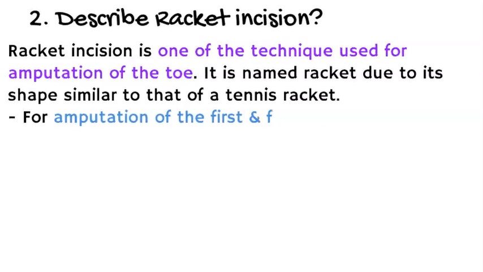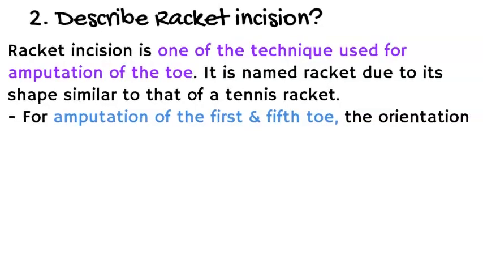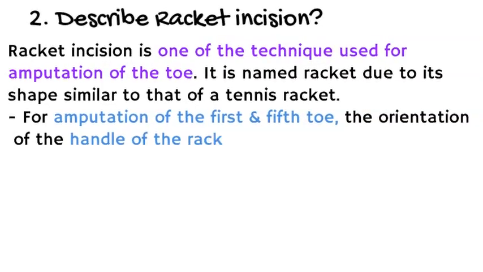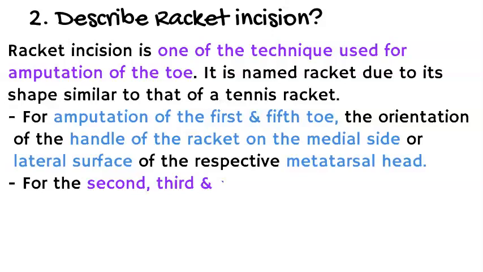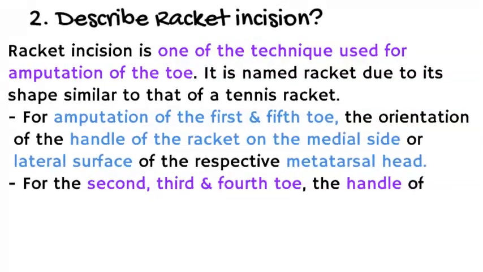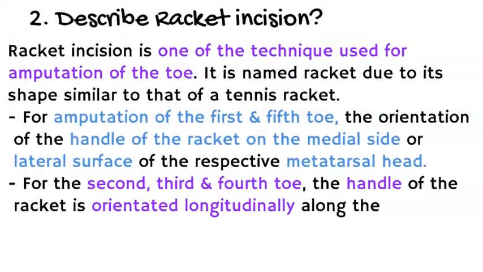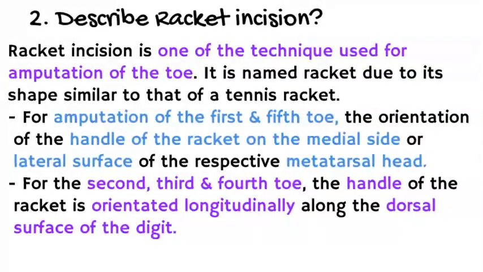For amputation of the first and fifth toe, the orientation of the handle of the racket is on the medial side or lateral surface of the respective metatarsal head. For the second, third, and fourth toe, the handle of the racket is orientated longitudinally along the dorsal surface of the digit.